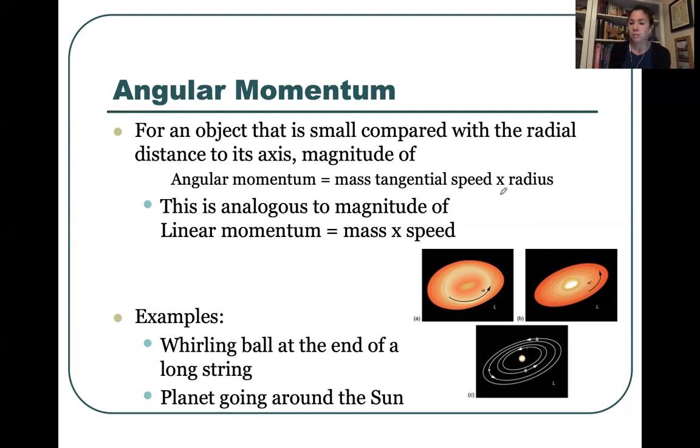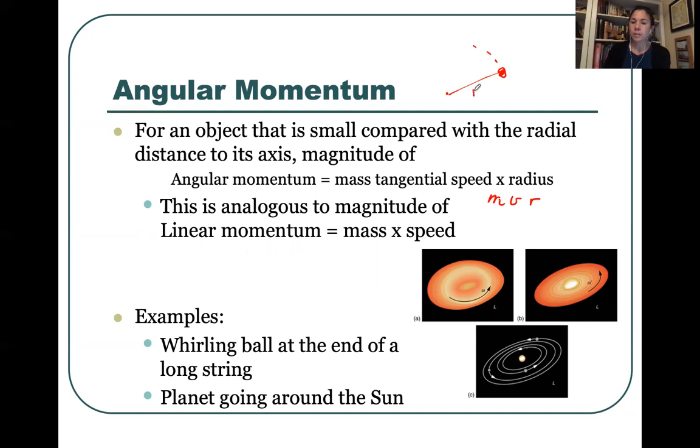If I write this in terms of variables, it is the mass of the object times v times r. So we could look at something like this: a mass going around a circle.